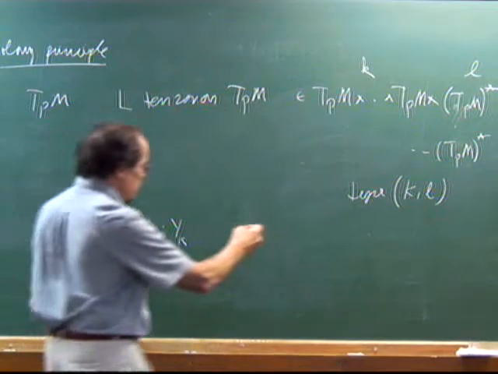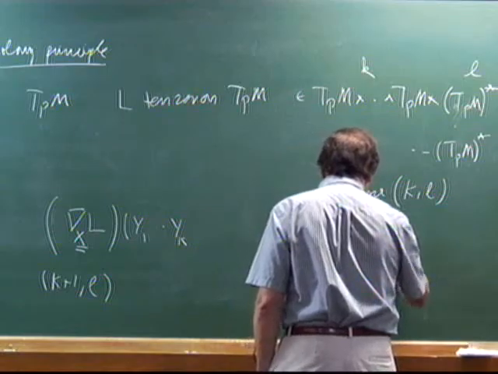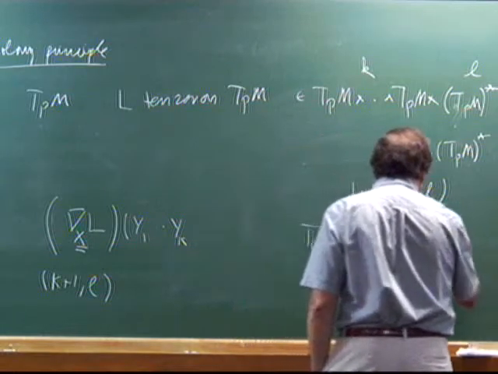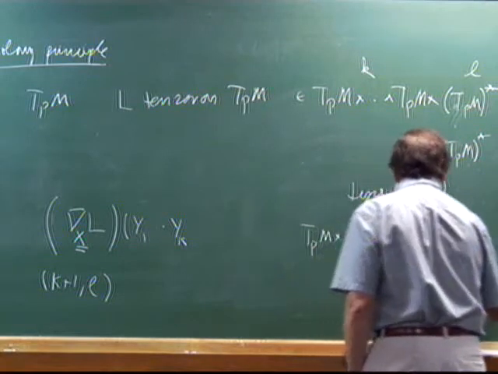An equivalent way to define it, which is slightly more convenient now, is to view it as a linear map from tangent space to tangent space, K times, L times.